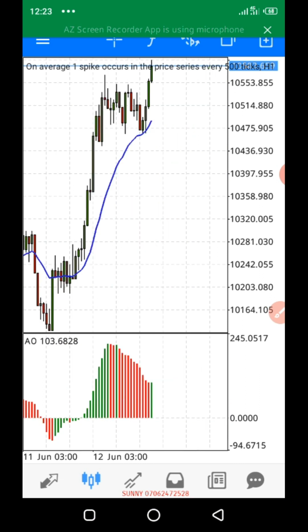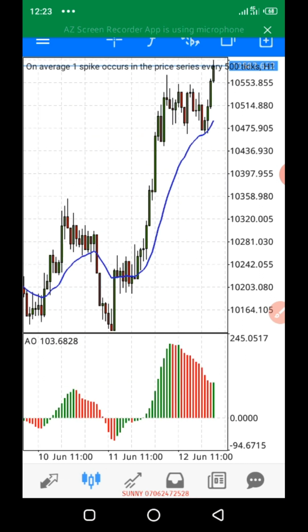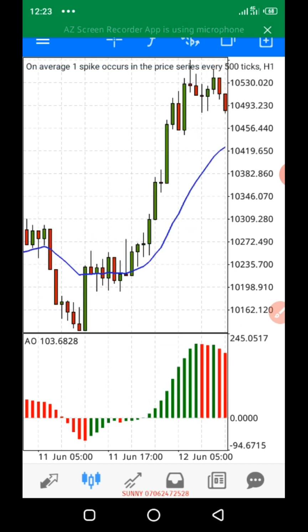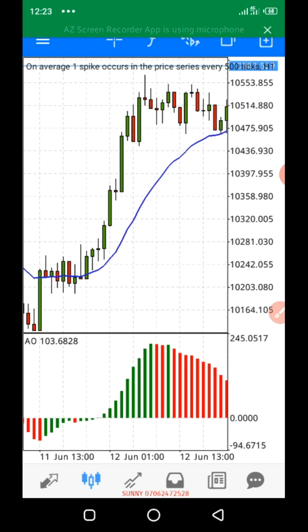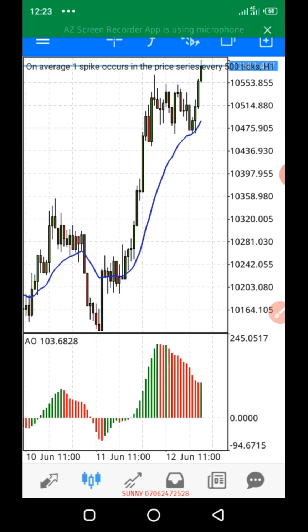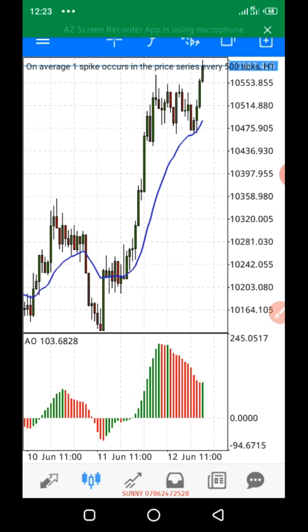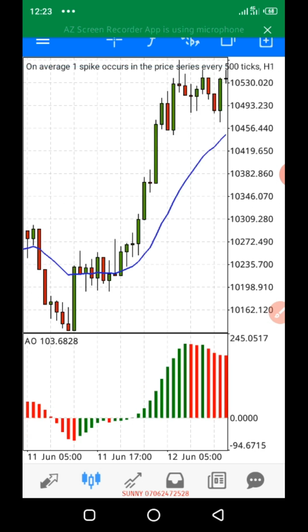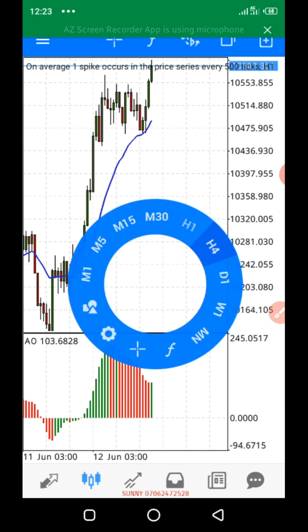Whenever you see the market above the moving average, you consider it an upward trend. You are beginning to rally up, so you consider it an upward trend. Now, how do I consider it an upward trend? Go to your 4 hours chart.